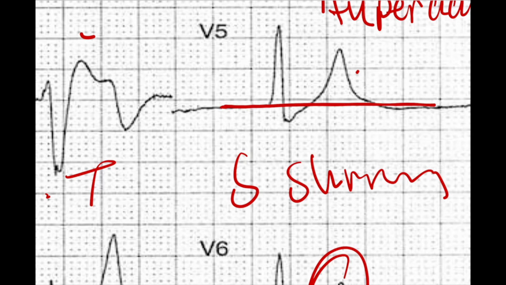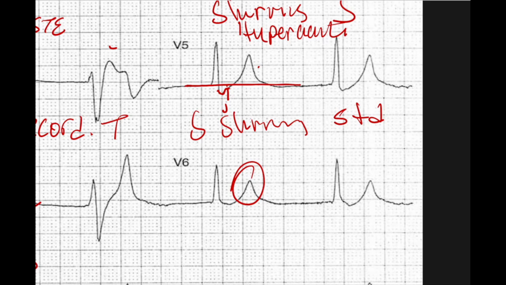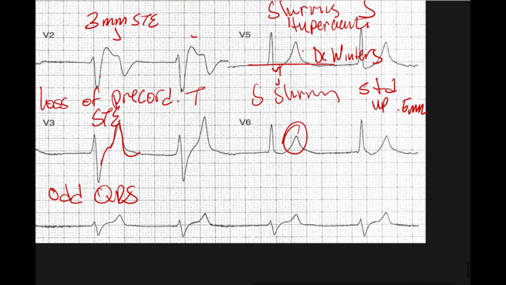Right? Here's our S wave, and here's that isoelectric point. So there's J, we're below the baseline, so we do have some ST depression. Seems to be up at about 0.5 millimeters. So you could argue that V5 has de Winters. V6.